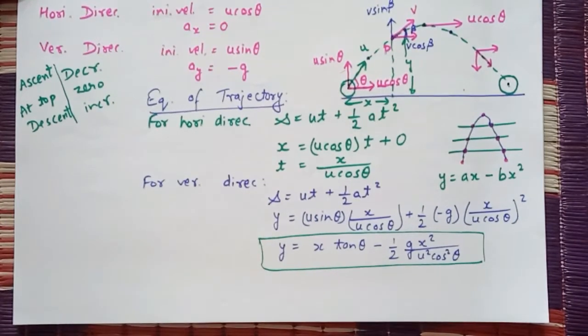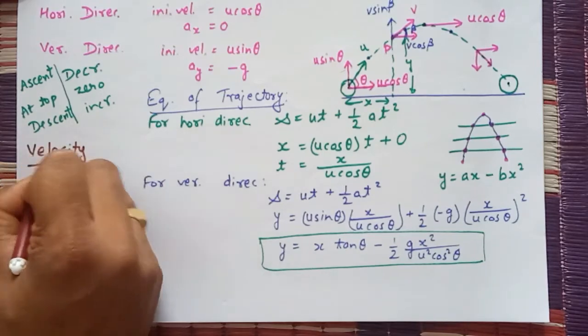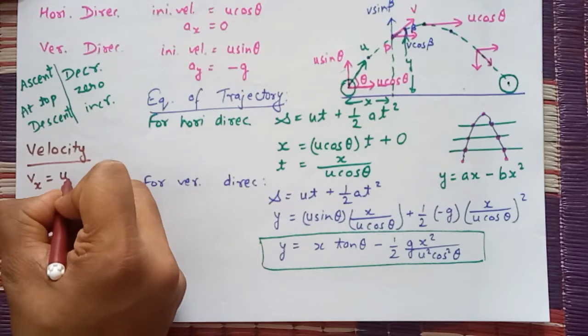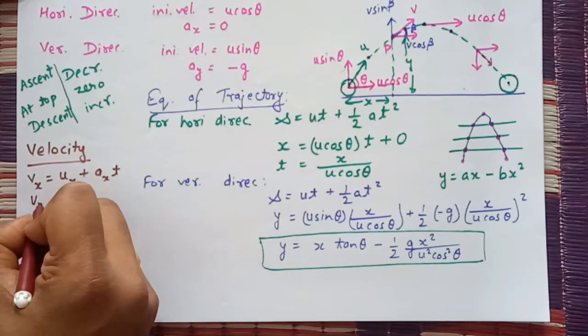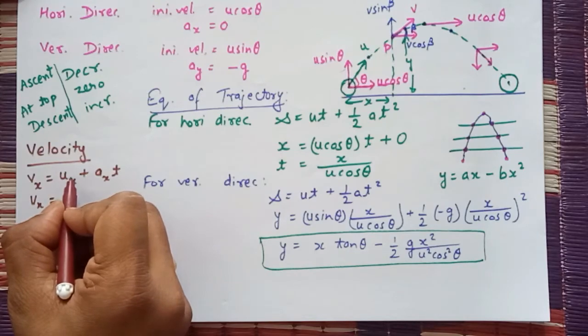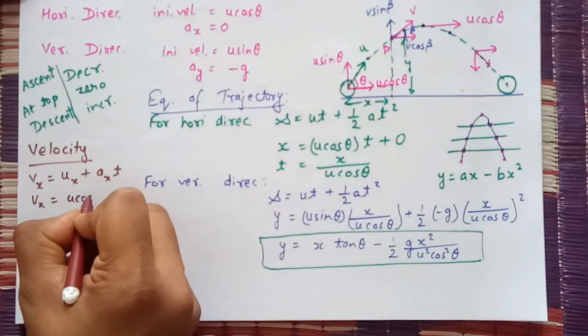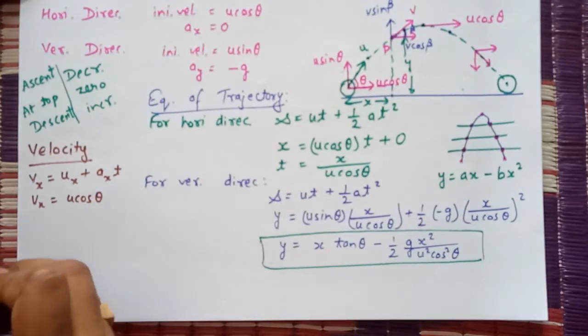If we want to find the velocity of the projectile at a general point, then what will be the horizontal velocity? Vx will be equal to ux plus axt. What is initial horizontal velocity? It is u cos theta. Acceleration was 0, so Vx will be equal to u cos theta only.